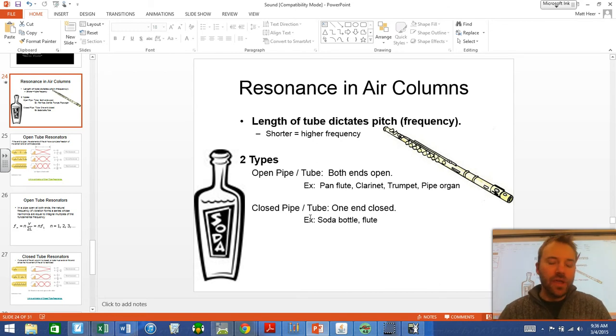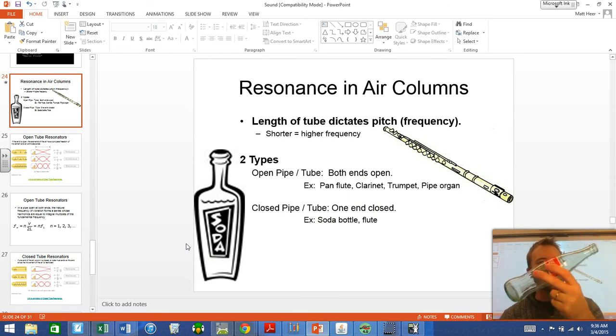That's the difference between what's called an open pipe resonator and a closed pipe resonator. So I can take my little recorder here, take the end off. I have an open pipe and a closed pipe resonator, and they work basically on the same principle, but they're different, and it's really kind of complex what's going on. A soda bottle would be considered a closed pipe because one end is closed and one end is open.